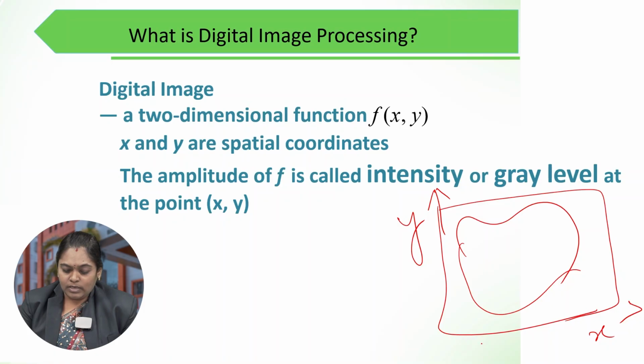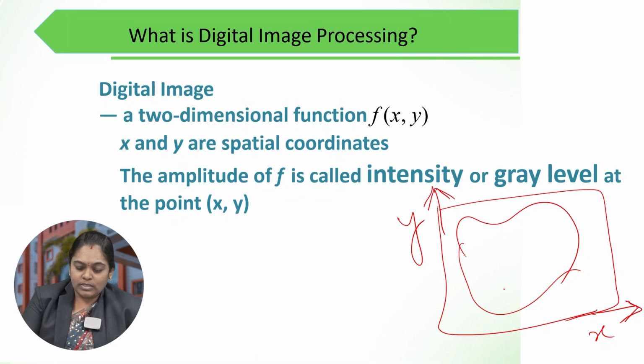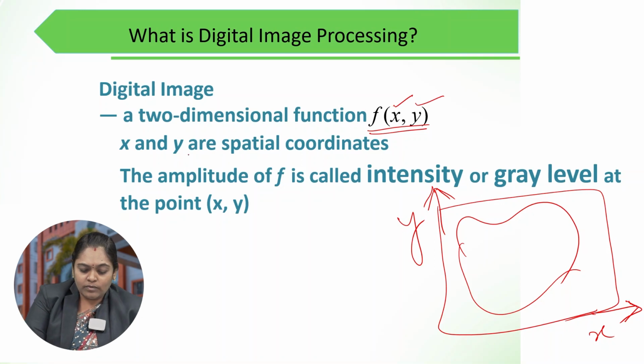So we can define an image as a two-dimensional function with two coordinates, an x coordinate and a y coordinate, and represent it as f of x comma y. And what is this x and what is this y? x and y are nothing but the spatial coordinates.